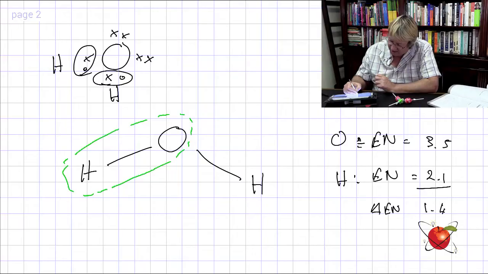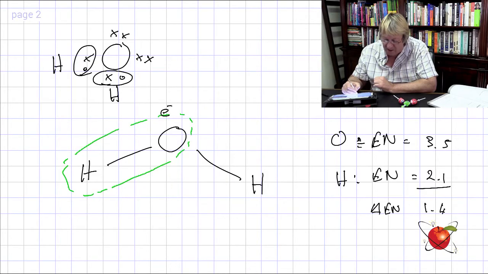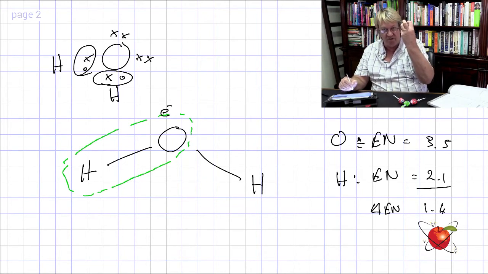What is happening is that the oxygen is taking the electron this side, right? So this here is taking the electron away from the hydrogen and keeping it on the oxygen side, right? So there's more electron time spent around the oxygen, okay?